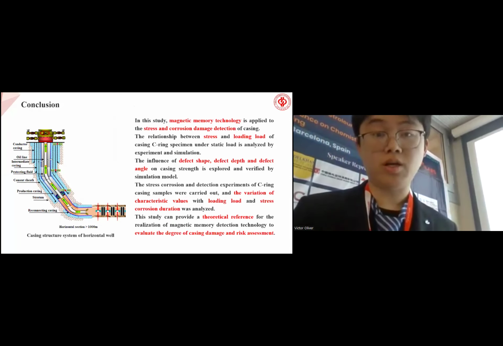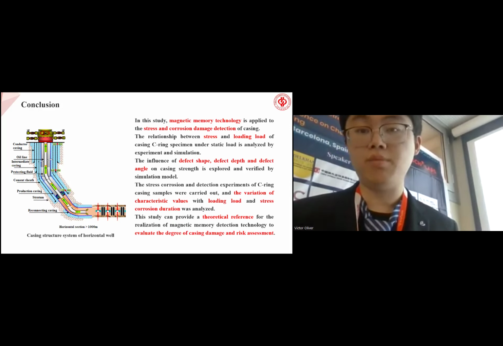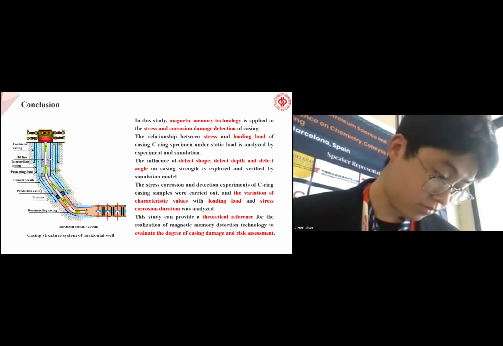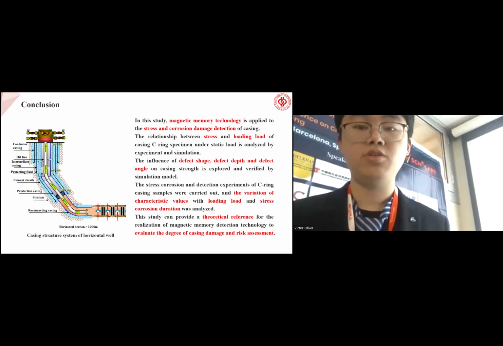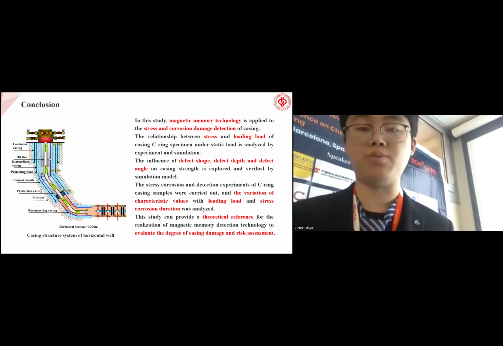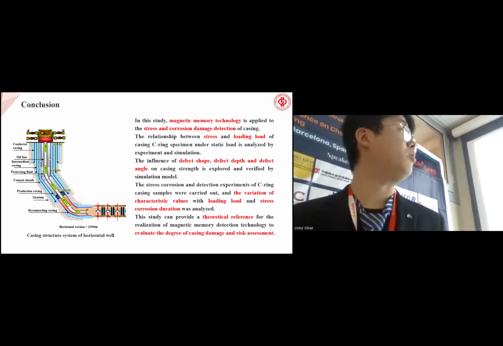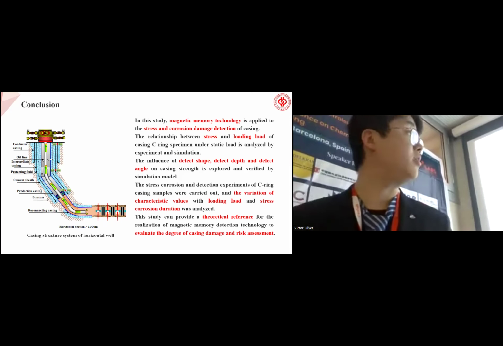And the conclusion includes this. In these studies, the magnetic memory technology is used for the stress and corrosion damage detection of casing. The relationship between stress and the loading load of casing and the static load is explored by experiment and simulation. The influence of defect shape, defect depth, and defect angle on casing stress is explored and verified by simulation model.